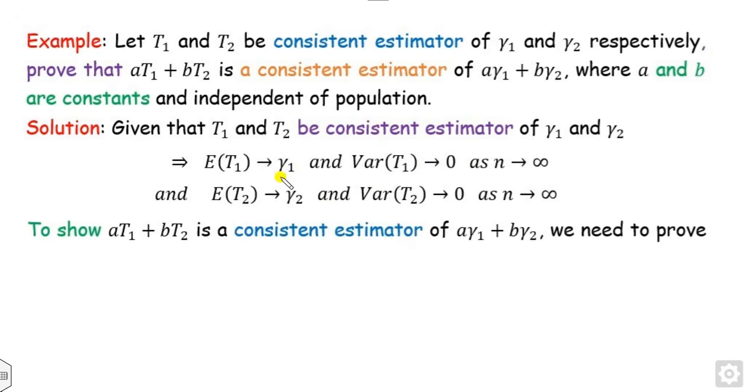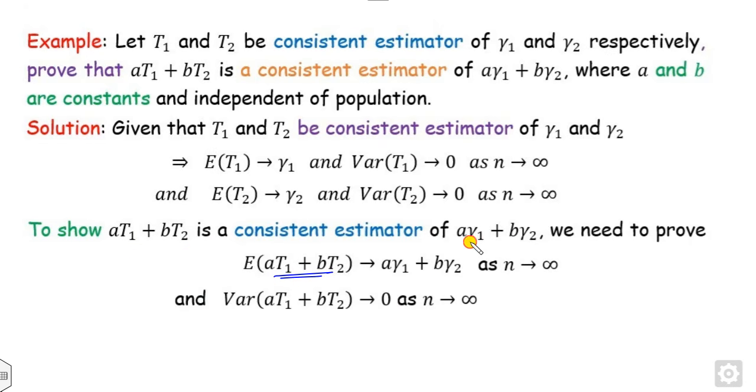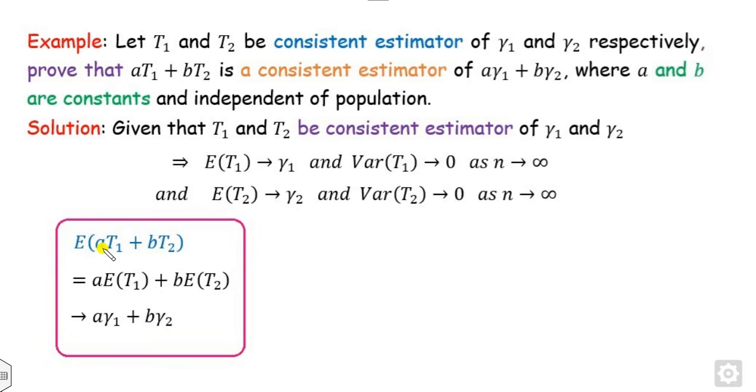Now, in order to prove that this is the consistent estimator of this, what you want to prove is that the expected value of this is nothing but my gamma combination here, and the variance of this goes to 0 as n approaches infinity. So I can start with the left hand side firstly. You can see that I can open this bracket. What is the value of this?